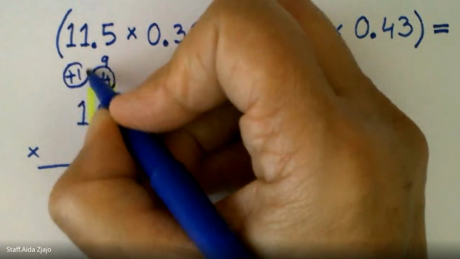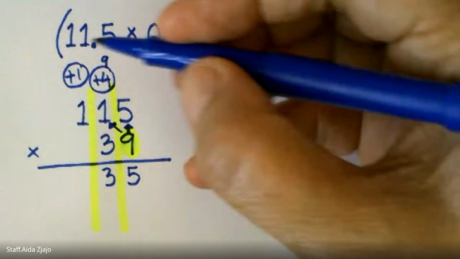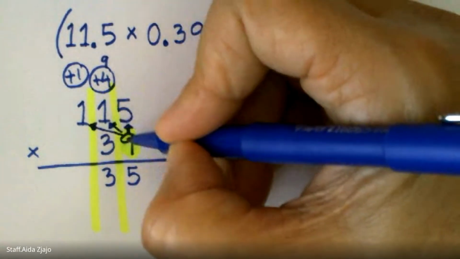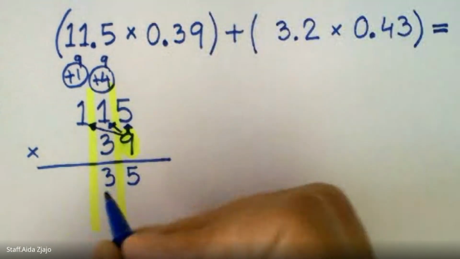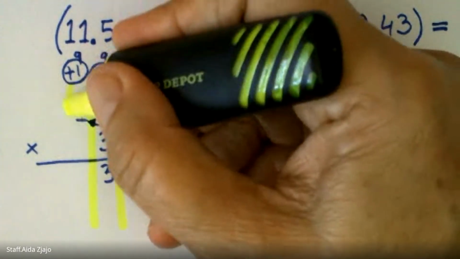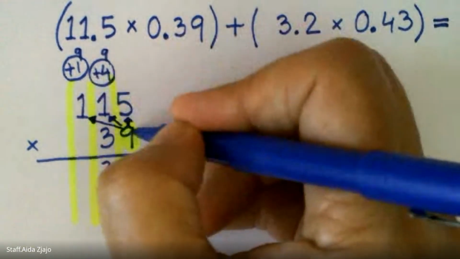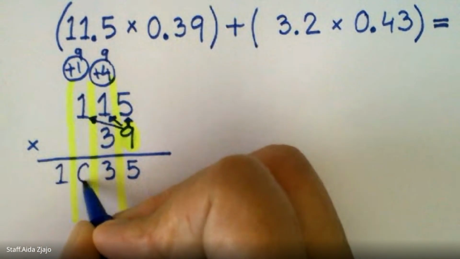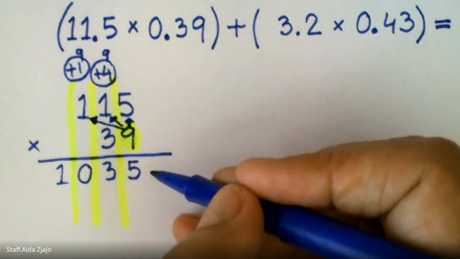Now 9 times 1 is 9, plus 1 makes 10. So now I have found 9 times 115.